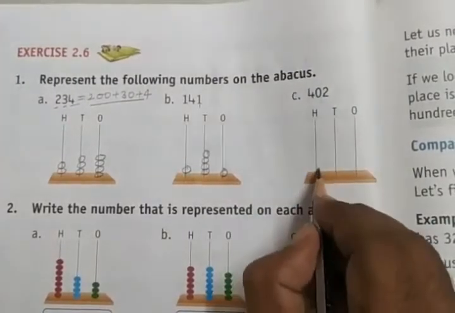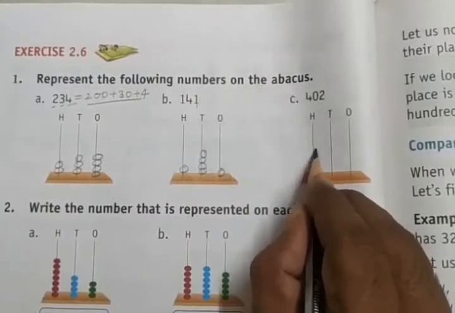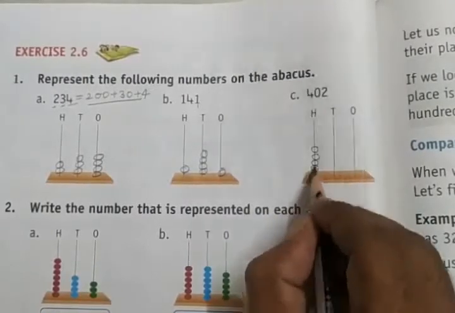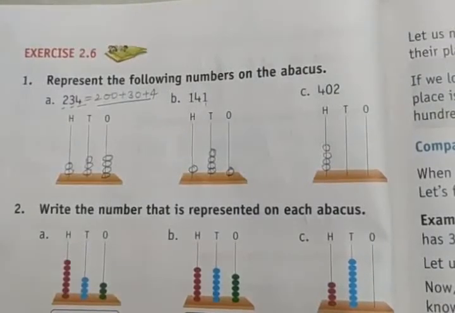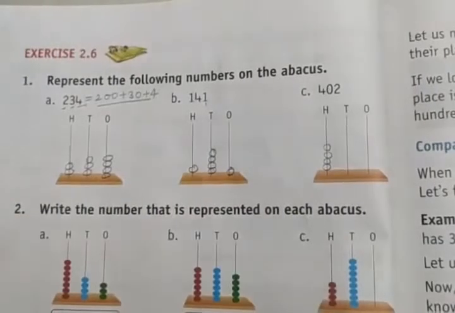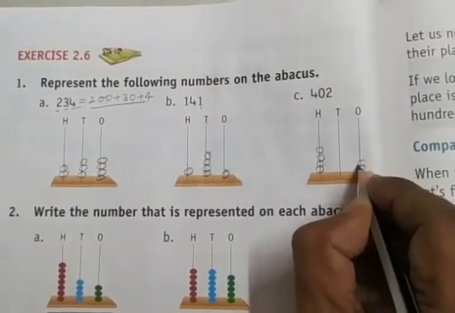Now what about 402? 4 at the hundreds place: 1, 2, 3, 4. 0 means no need to put any beads. Just leave it blank. Then in the ones place we put 2 beads.